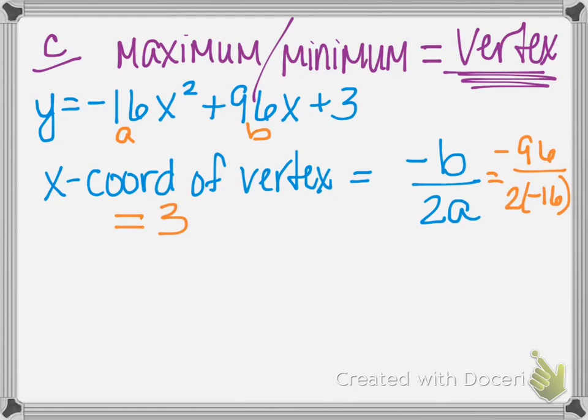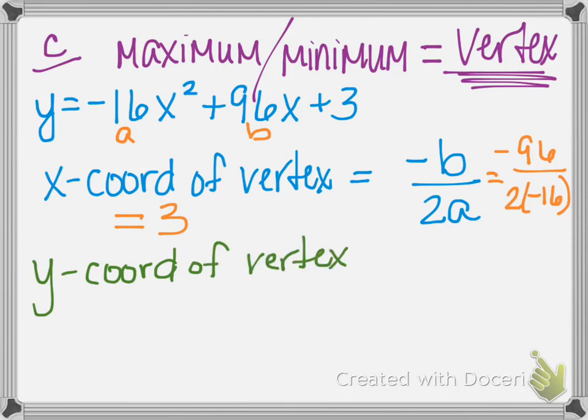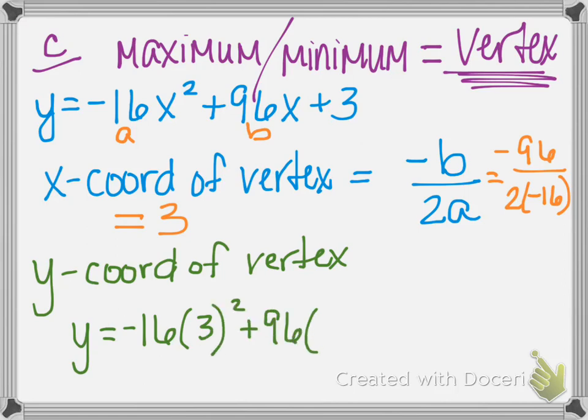Okay, so that's the x-coordinate of the vertex. How do we find the y-coordinate? Well, hopefully you remember this as well. For the y-coordinate of the vertex, plug in x. If x equals 3, what does y equal? Well, y would equal negative 16 times 3 squared plus 96 times 3 plus 3.